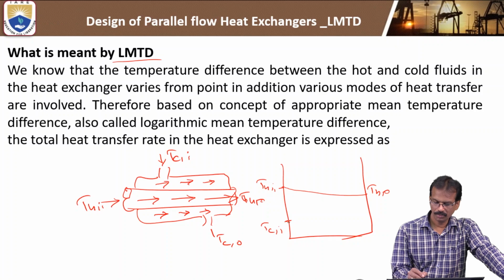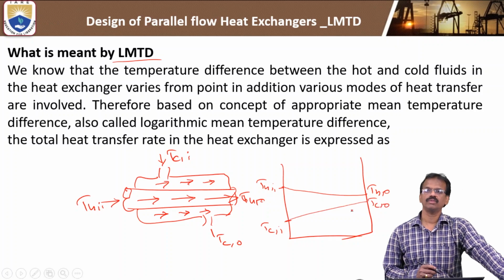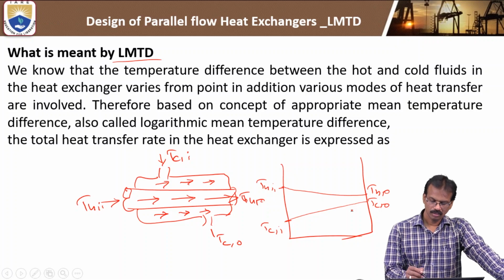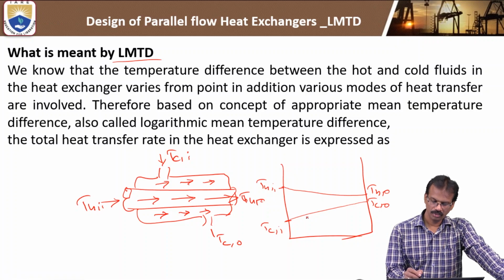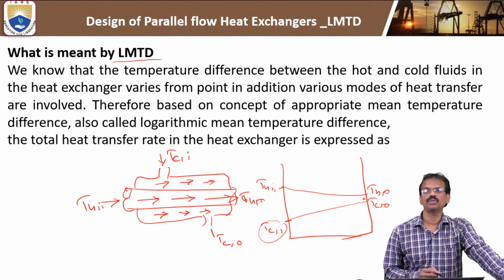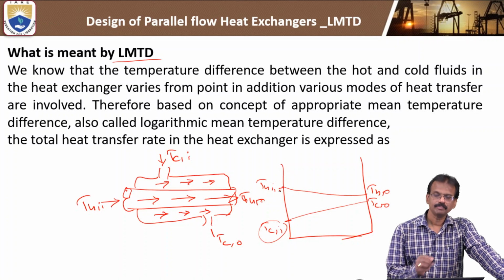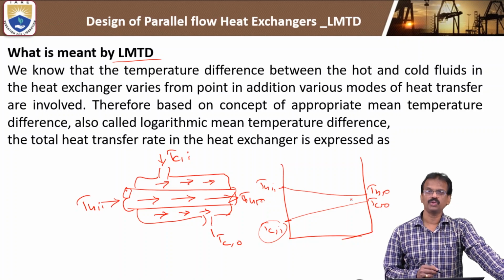The cool fluid temperature gradually increases, reaching Tc0. So the temperature of the cold fluid varies as heat is transferred from hot fluid to cold fluid; the cold fluid temperature gradually increases from point to point, and similarly the hot fluid temperature gradually decreases from point to point.